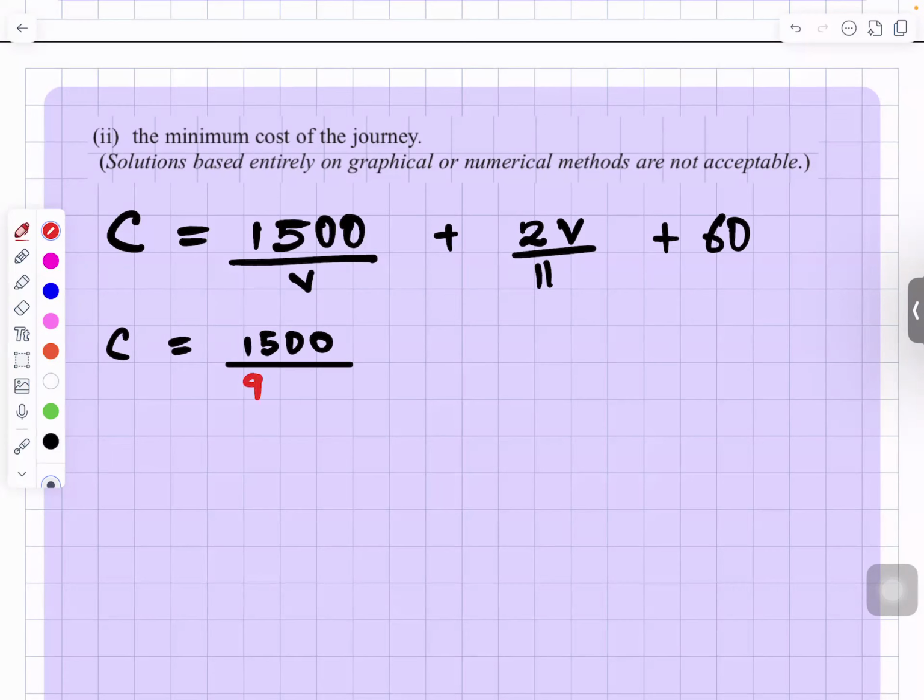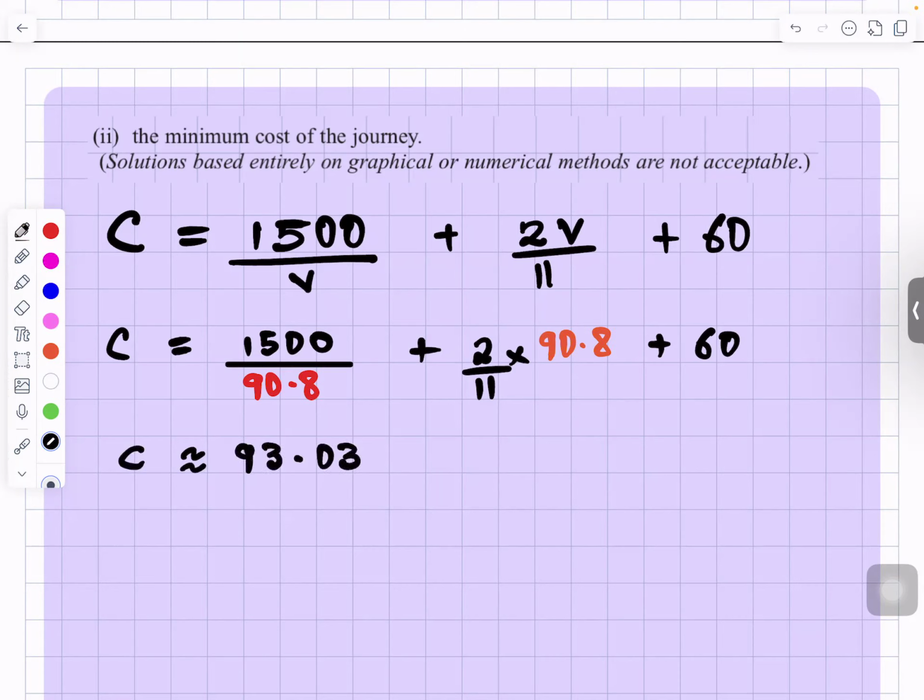V is 90.8 kilometers per hour, plus 2 over 11 times 90.8 plus 60. And when you put that in your calculator, you will get C to be approximately 93.03. And the symbol, of course, is pounds.